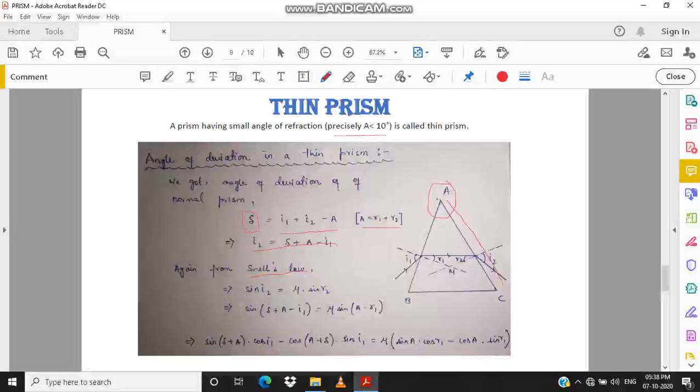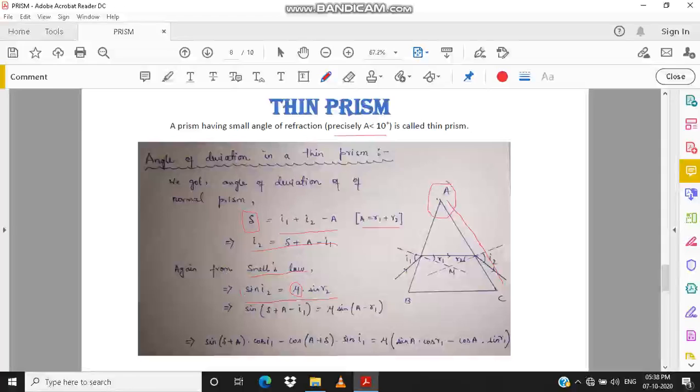Why sine I2? Because this is in the medium of air, so here the refractive index is 1, that is equal to mu. What is mu? Mu is the refractive index of the prism, and the angle formed here in this surface is R2. So we write this expression as sine I2 is equals to mu sine R2.